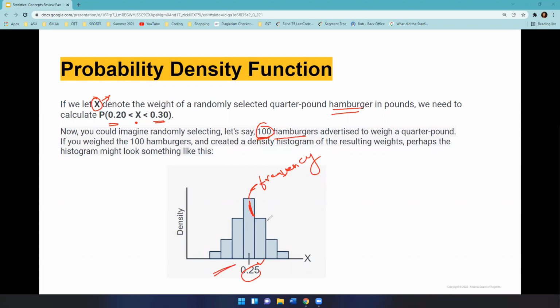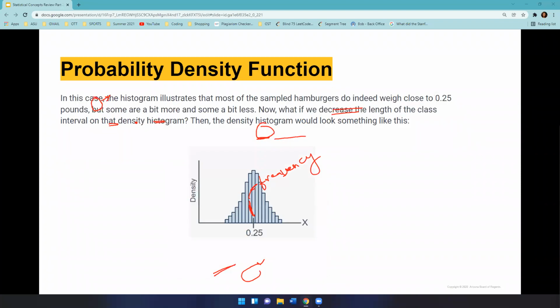But what if we decrease the interval? If we slowly start decreasing the interval, our density curve will become dense. So now we have more burgers at 0.25 pound, and a similar number of hamburgers at less than 0.25 and greater than 0.25.